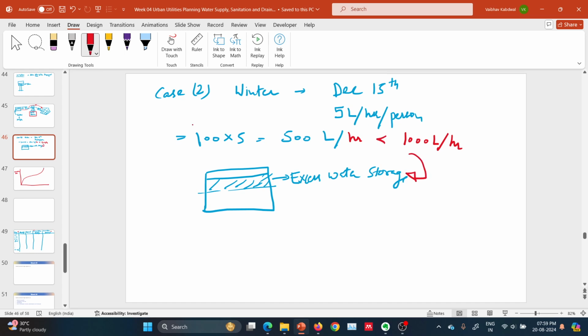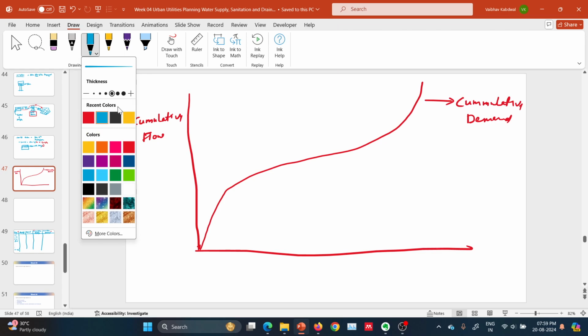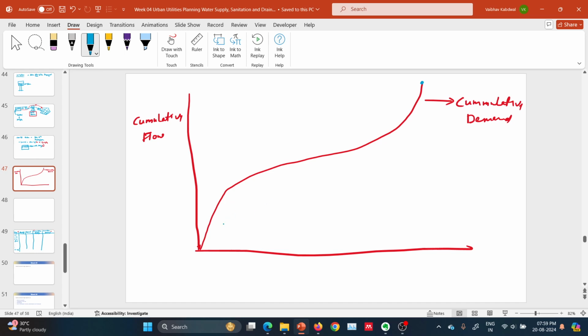We need to store the extra water. So here, this is the cumulative demand, and this will be the cumulative supply.